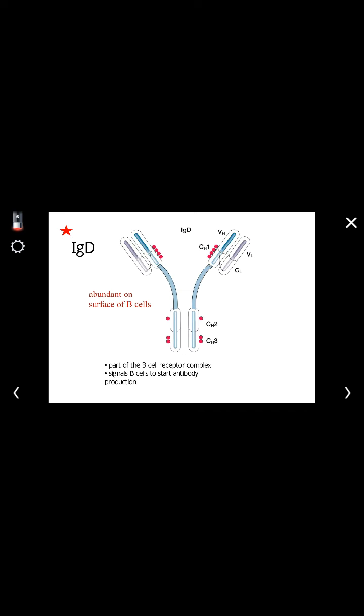IgD is abundant on the surface of B cells. It is part of the B cell receptor complex, so it's a BCR.